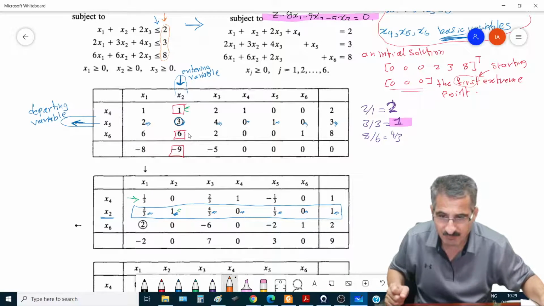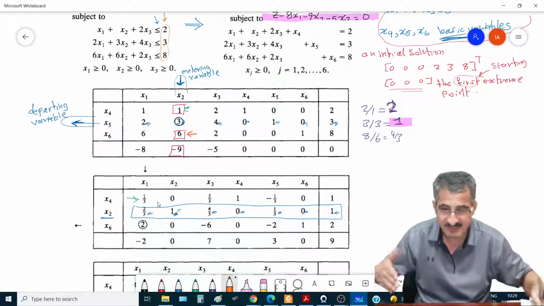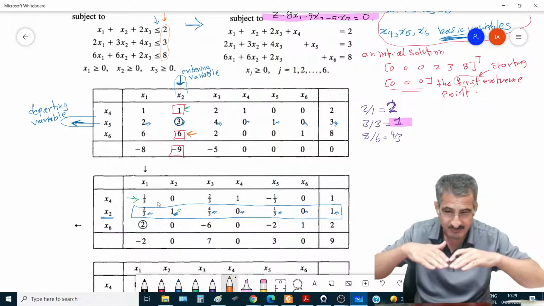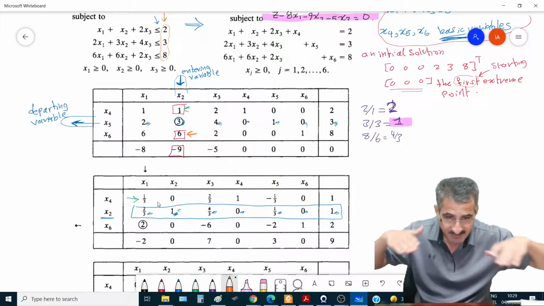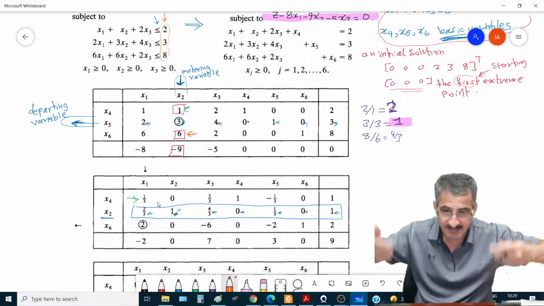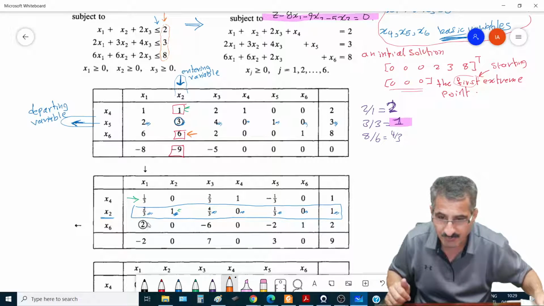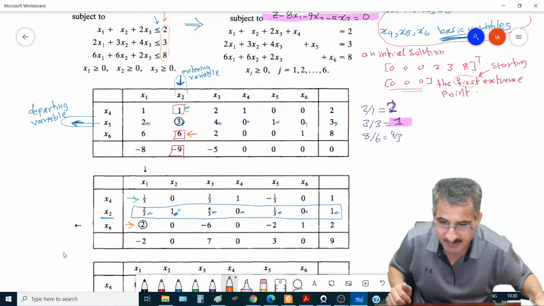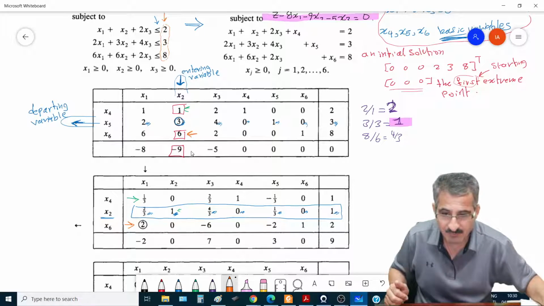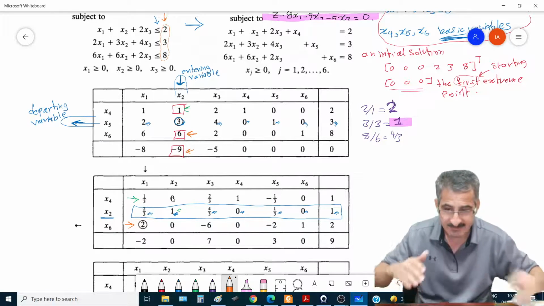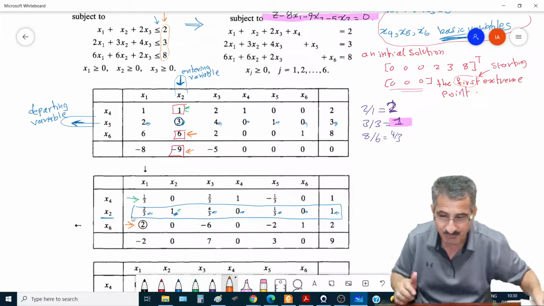Okay, now to make this 0, we multiply 1 by -6. So multiply the whole second row, the new one in the second table, by -6 and add it to the third row, then we get this row. Now to make this 0, we multiply 1 by 9 and add to the last row.